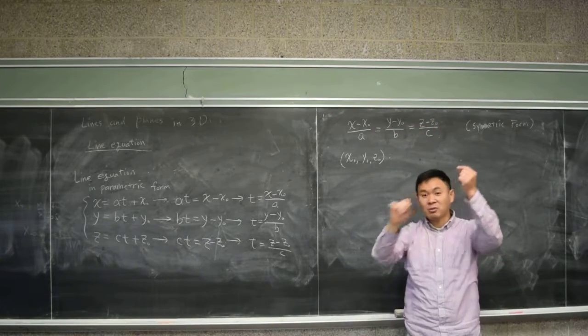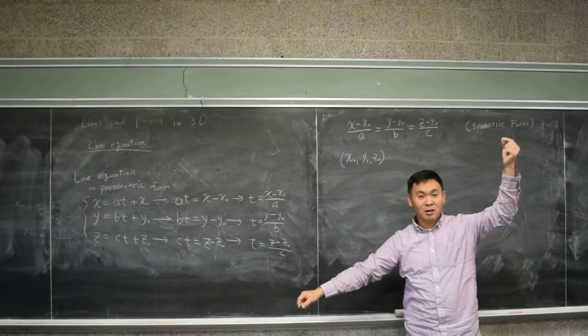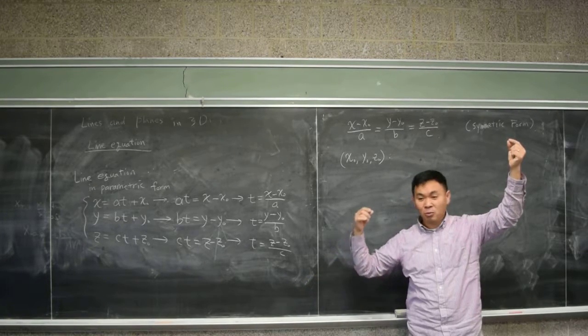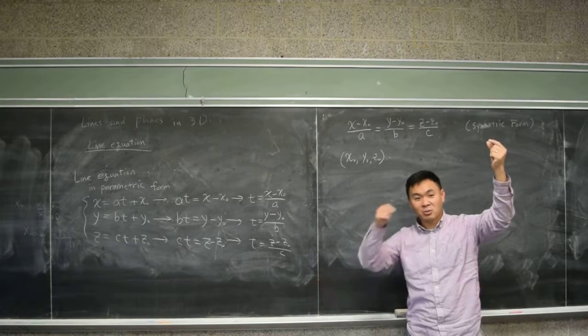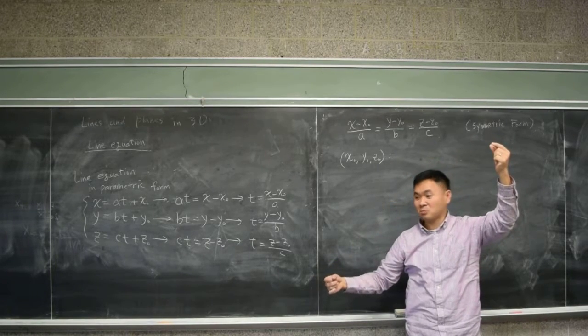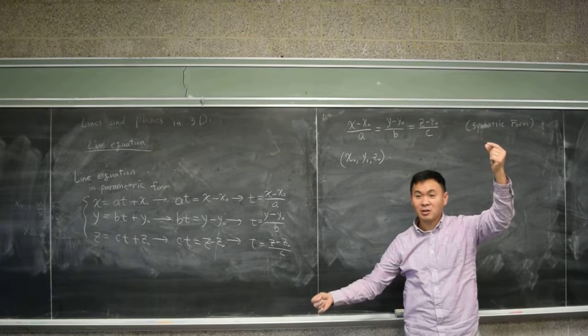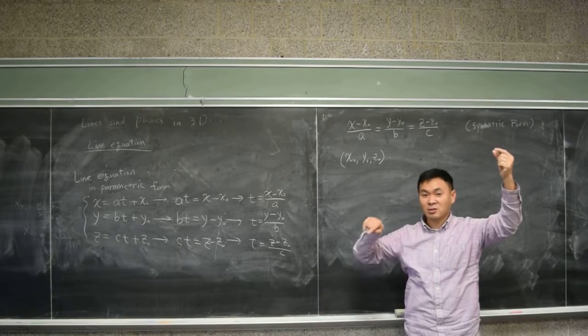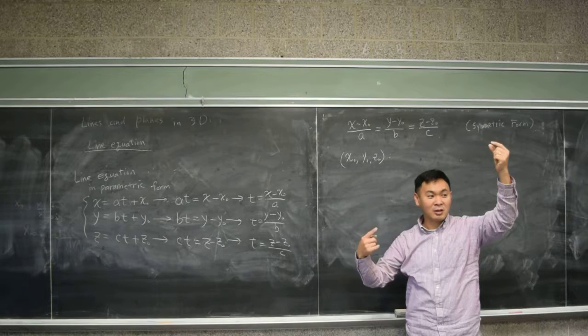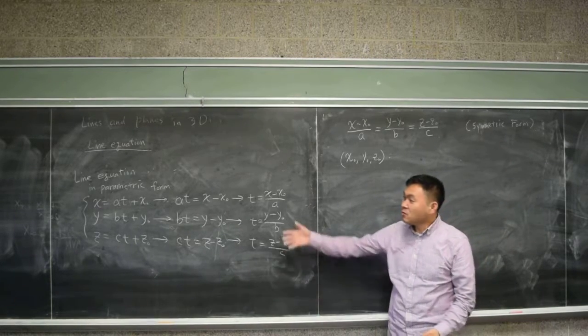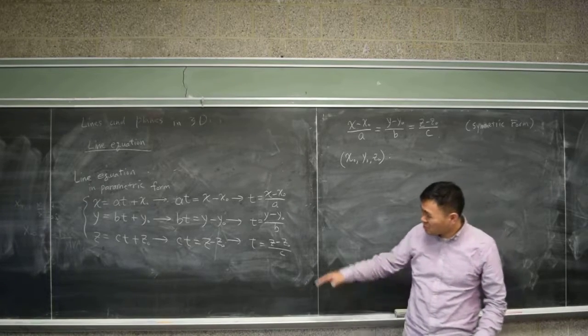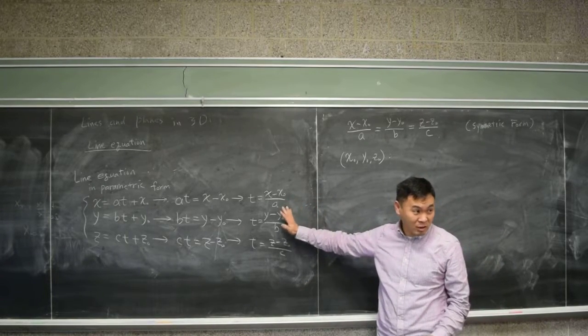Because if you have a trajectory and you're talking about a point particle moving on that trajectory, you don't really need to start from here or there. Okay? You can pick any point as a starting point, and you actually have two different directions. You can move that way or that way, and you can go double time. The speed could also matter. So there are infinitely many different parametrizations to a trajectory.